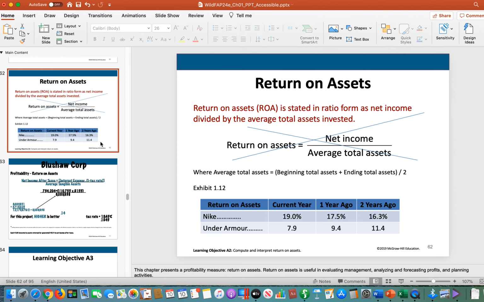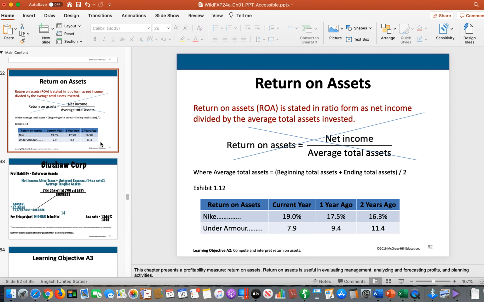So if you have a building, furniture, equipment, vehicles, and let's say you got $1 million worth of all of these assets on average, how much income were you able to generate using those assets? That's how much of the money that you spent on assets was returned as net income.